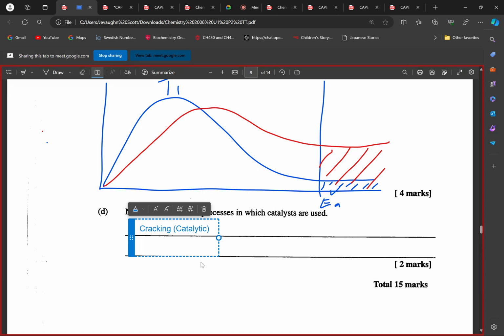There are many, millions upon millions of reactions and processes that use catalysts industrially. Name some. Would breaking long carbon chains count as one? That is what cracking is.